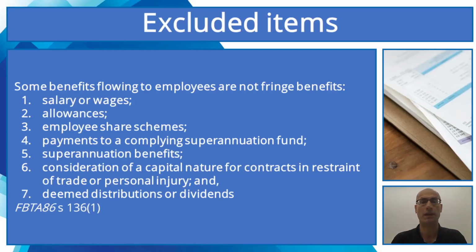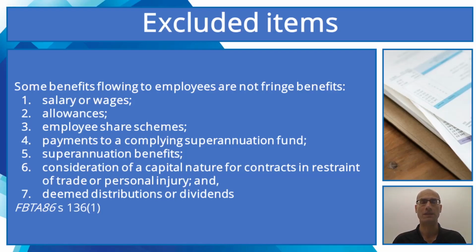It's taxable and it comes under the direct tax regime. Similarly, we have allowances. These are fixed amounts that are paid to an employee that don't go up or down depending on what the employee spent it on, or the amount actually incurred. Other things that aren't fringe benefits are payments to superannuation funds and employee share schemes.